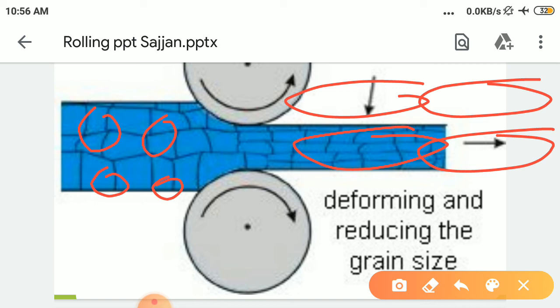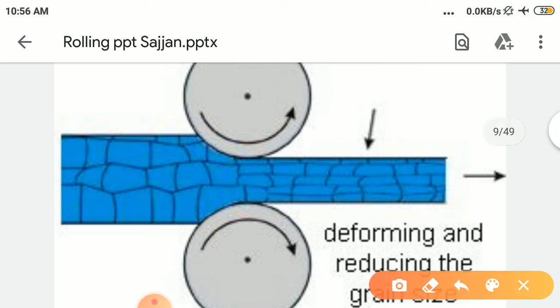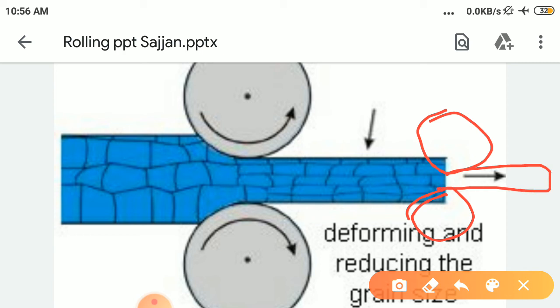We have seen in the previous lectures that to do more cold working, we need annealing. So if I ask you, if I add 2 more rollers here, and if I want to reduce the thickness of this sheet to this level, then this is not possible until and unless we do the annealing here.